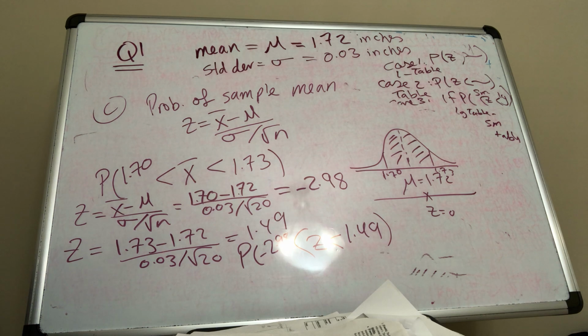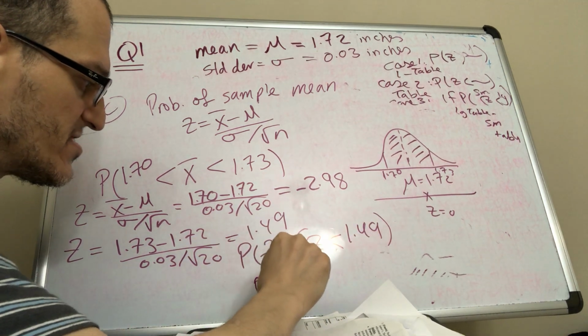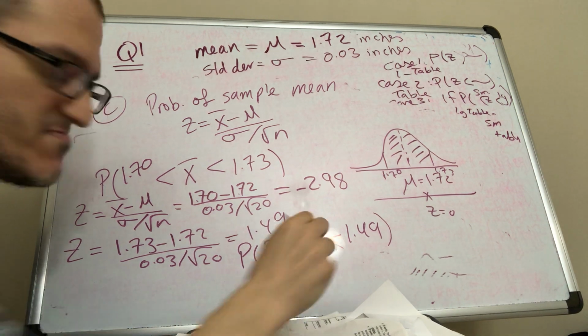So you go to the Z table, you go to 1.49 and see what the number is. According to the table, 1.49 is 0.9319. So that's the large, 0.9319.